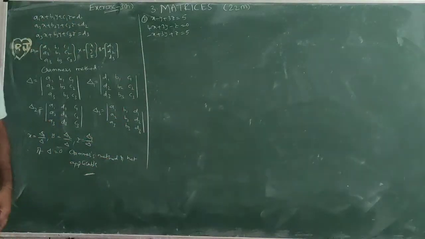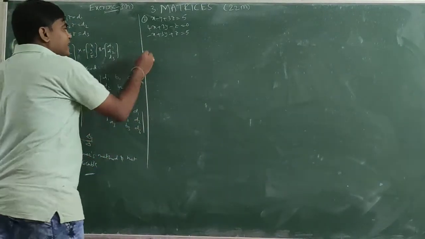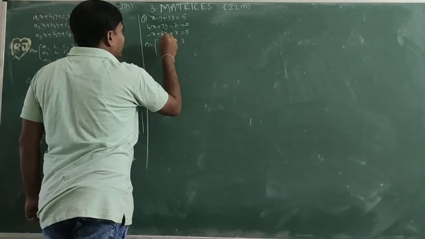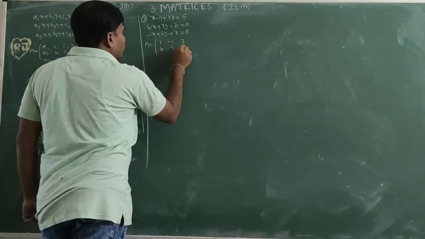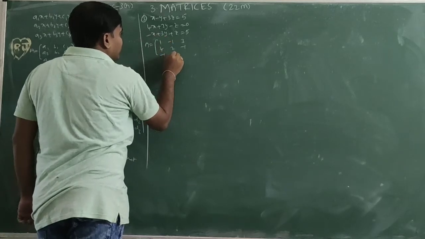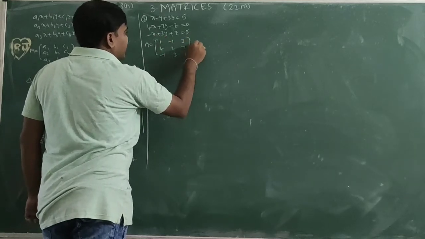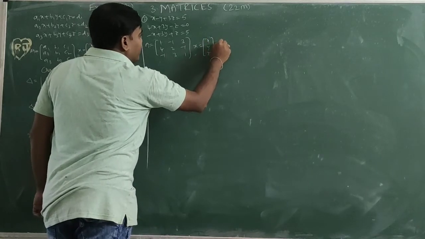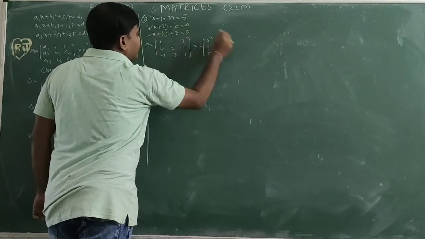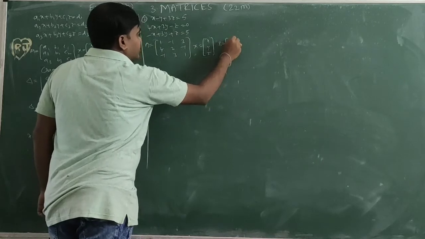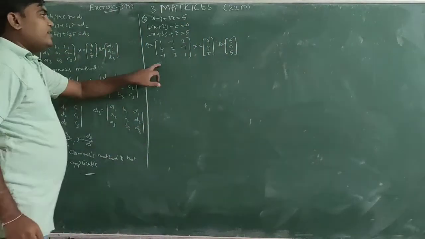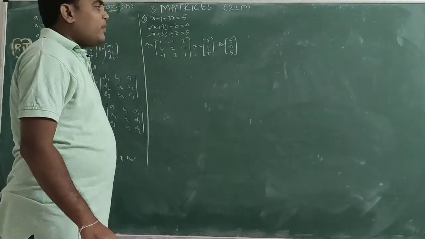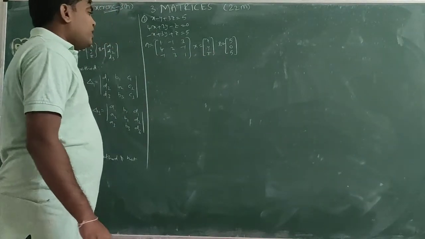So this is the system of equations. First I want to write matrix A, the coefficients: 1, minus 1, 3, 4, 2, minus 1, minus 1, 3, 1. X equals x, y, z, and B equals 5, 0, 5. So this is matrix A, the variable matrix X, and next the constant matrix B. Now I want to find the four determinants.